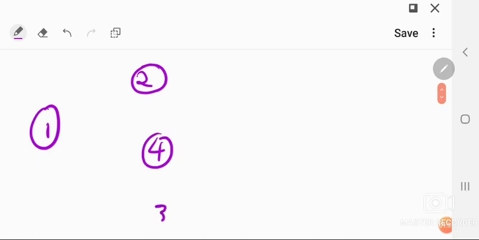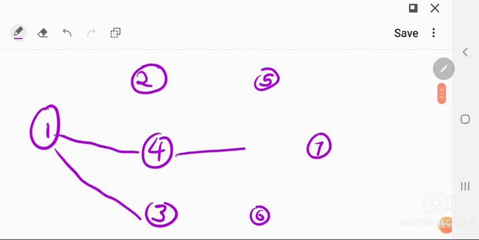So let's have an example. Let's say we have this one there. This will be called node 2. We can have this as our 4. This will be 3. This will be 7, 5, and 6. Let's just have that as our example.